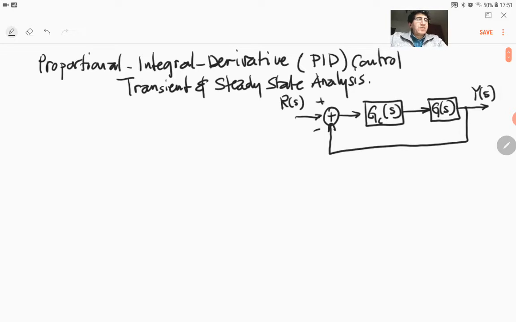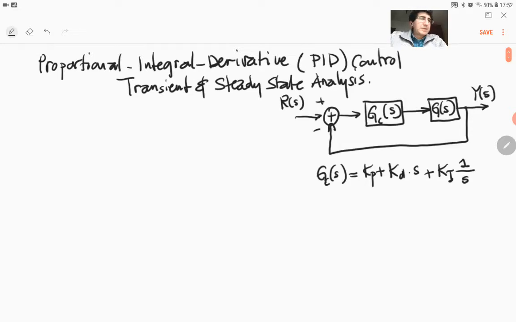Okay, and GC of S for PID control, when it includes all the components, has the general form: first a proportional coefficient, and then a derivative coefficient multiplied by S, plus an integral coefficient multiplied by 1 over S. So these three parameters, Kp, Kd, and Ki, are the controller parameters for the general PID control.